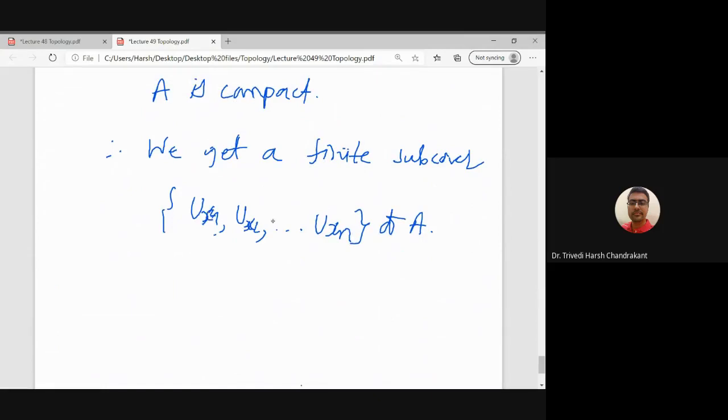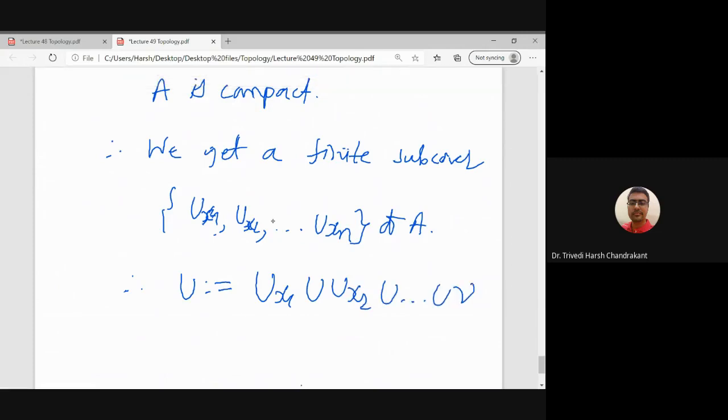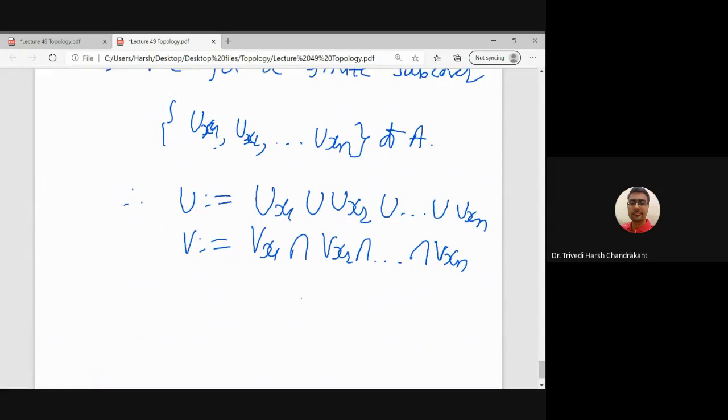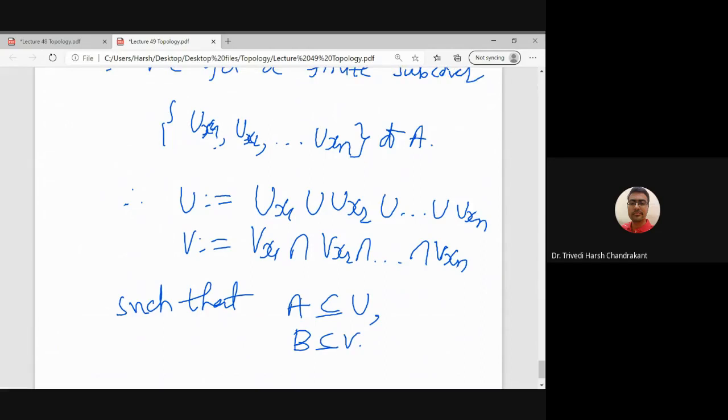So basically in this case also we get two open sets, where U is Ux1 union Ux2 union ... union Uxn, and V is the intersection Vx1 intersection Vx2 intersection ... intersection Vxn. Each Vxi contains B. Therefore A is a subset of U and B is a subset of V, and in fact they are disjoint.